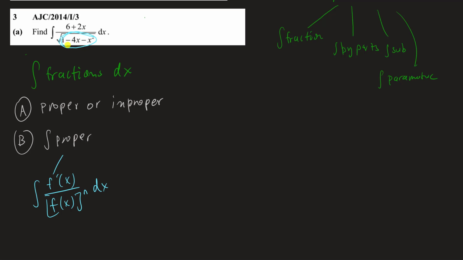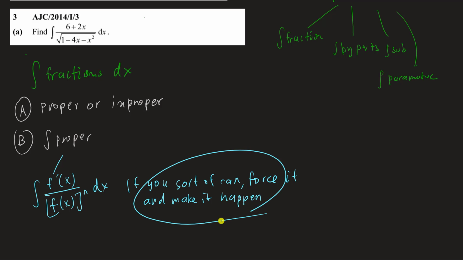Differentiating the content would give you negative 2x minus 4. Take a look at the top. Looks similar, but you have to do something about it. So if you sort of can, force it and make it happen. We'll dive deeper into this part later on when we attempt this question.